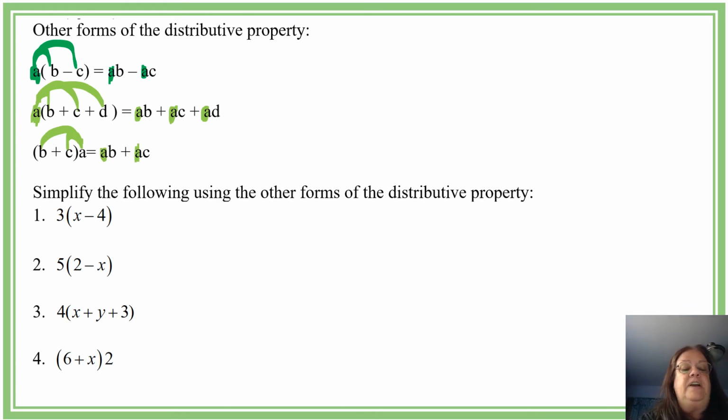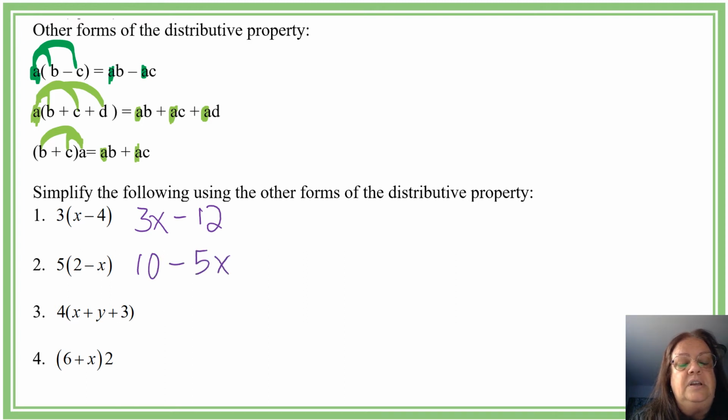All right, simplify the following. So I'm going to multiply that in: 3x minus 3 times 4 is 12. 5 times 2 is 10. There is no coefficient. That's the constant part of a term on the x, so it just becomes 5. Basically, the unwritten coefficient is 1.